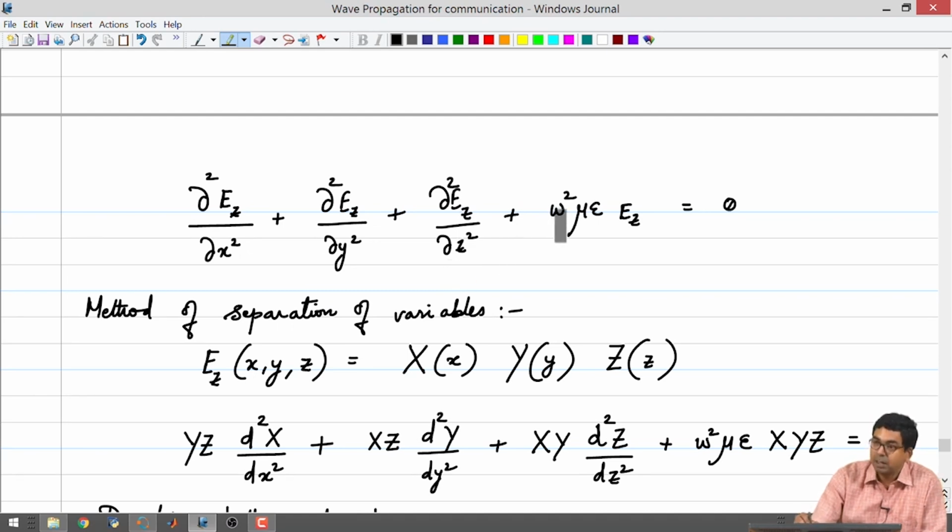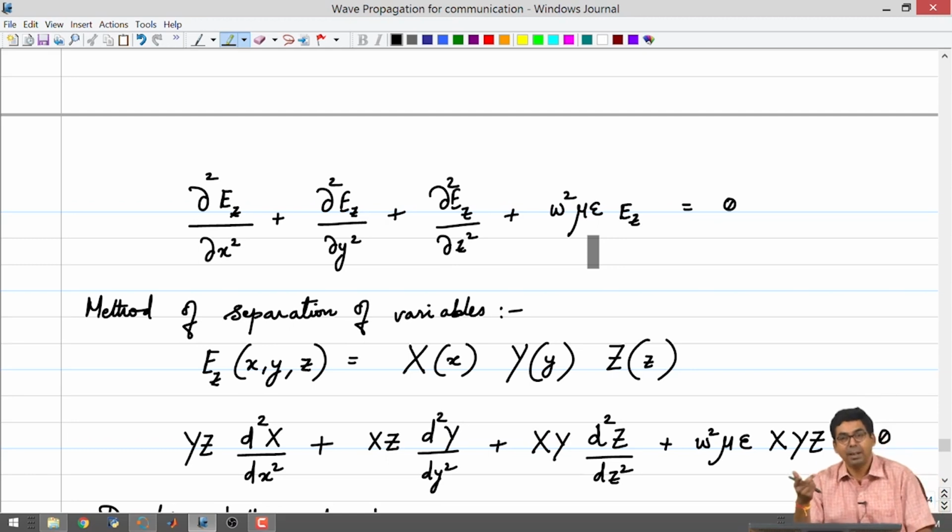It had omega square mu epsilon. It did not have beta, it did not have m, it did not have n, it did not have a, it did not have b, etc. So, I know that by substituting for Ez, I am introducing m, n, a, b, and I am also introducing beta. So, I need to account for all that.